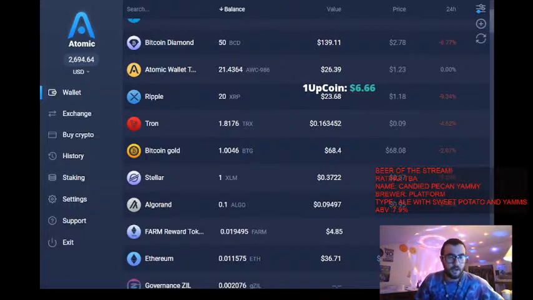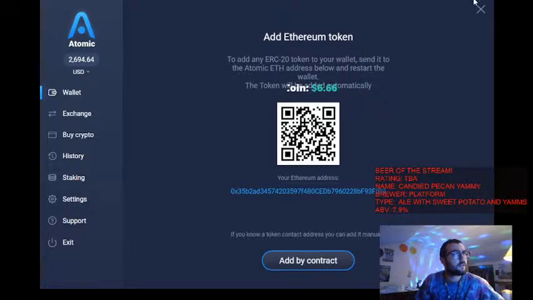So, if you go over here and see this plus symbol in the top right corner that I'm highlighting, click that. If you click that, you'll be able to add an ERC20 token to your wallet and send it to an Ethereum address below, and restart the wallet.